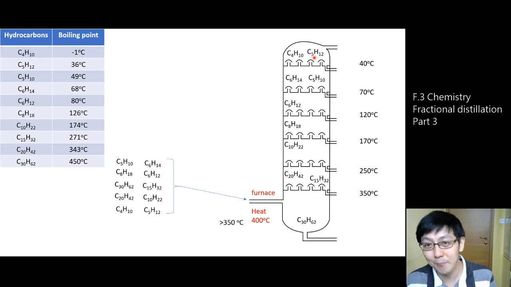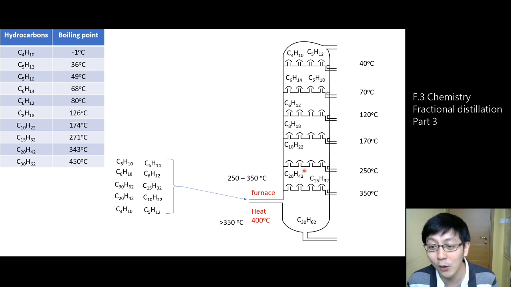You are separating the hydrocarbons according to different boiling point ranges. Can you see? Those with a boiling point above 350 degrees Celsius can't pass through this layer; they flow downwards or are trapped in this region. Those with a boiling point between 250, the temperature of this layer, and 350, this layer, are trapped in this region.